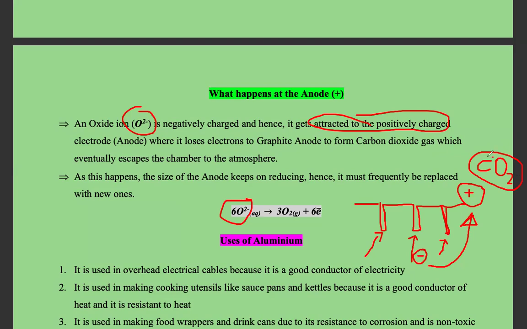The carbon part is coming from the graphite. So what we expect is that every now and then, the size of this anode gets reduced, because each time carbon dioxide is formed, the carbon part of this gas is coming from the graphite.